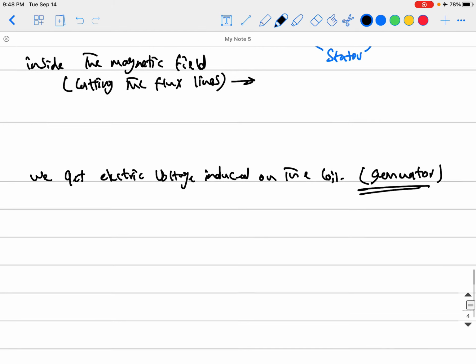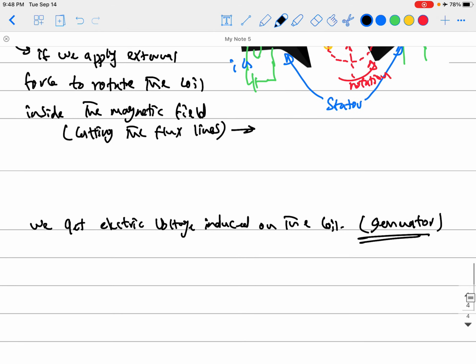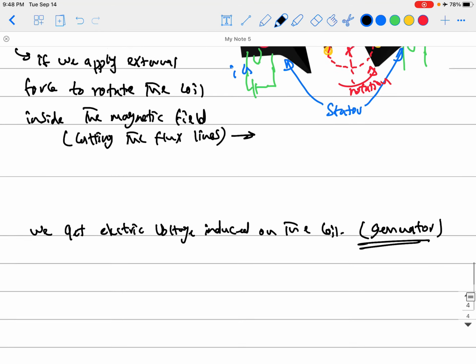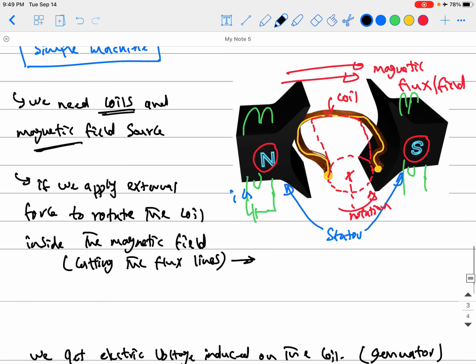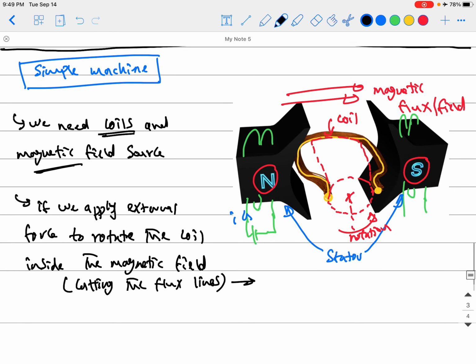We get this from Faraday's law. Faraday had an experiment where he took a simple coil and started moving it inside a magnetic field to cut it, and he figured out by measurement that there is an electric voltage induced at the terminals of the coil. That's how he got his generator principle.